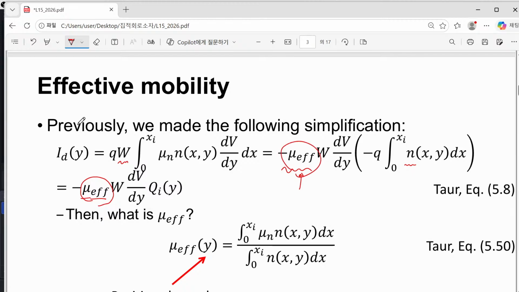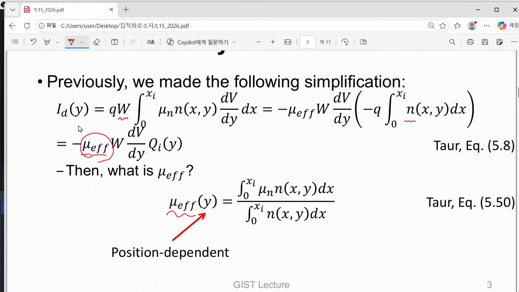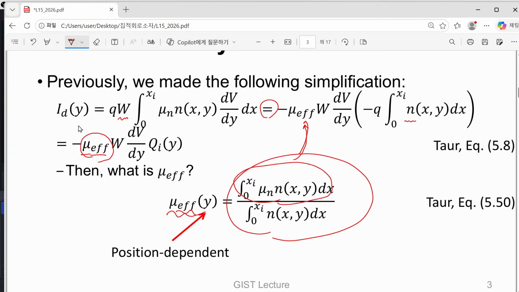If we introduce a very strange value for mu effective, then of course this equality does not hold. But if we define our effective mobility in this way, then this equality becomes just an identity, because if you put this definition into it, you can find that this upper part survives, and this lower part exactly cancels out this one.